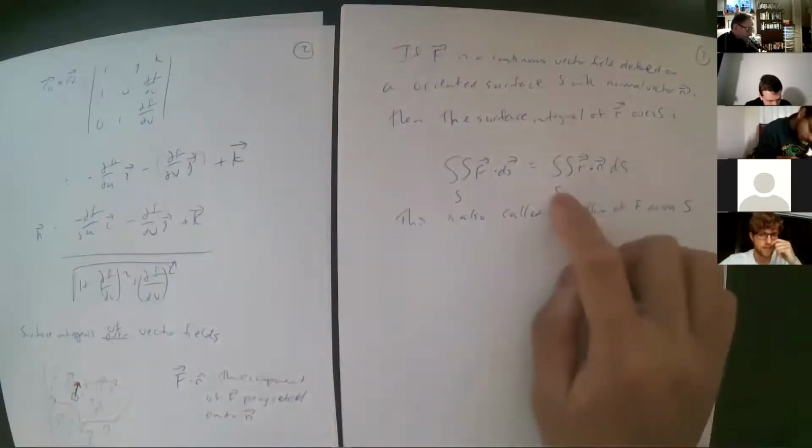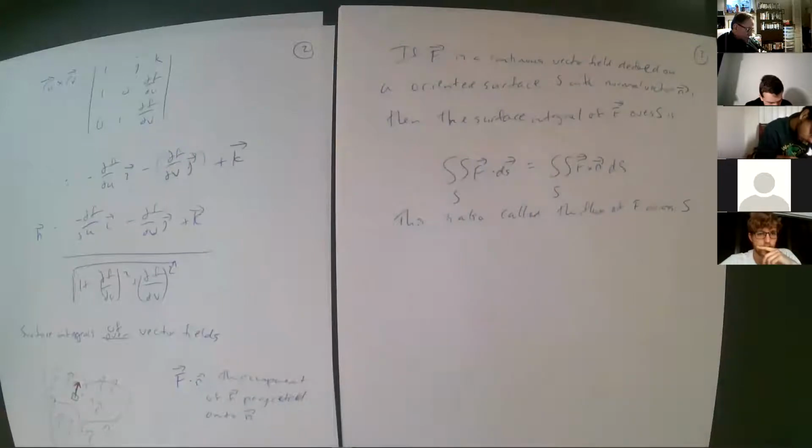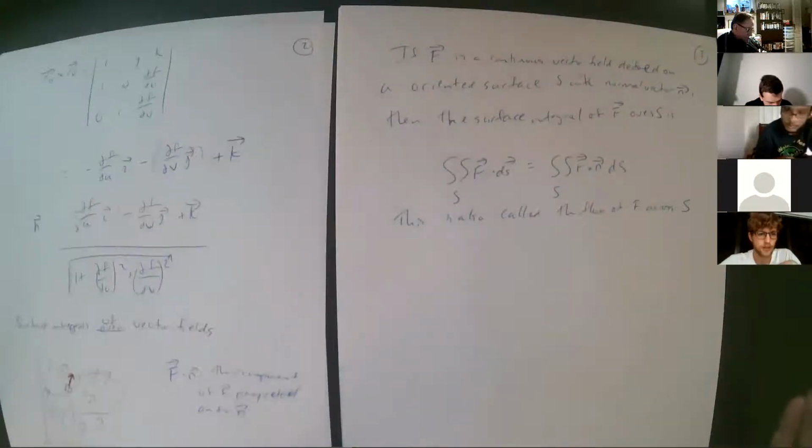When I integrate, that's saying how much of the vector field is passing through all of my surface. I remember someone saying that not all of the points on that surface will have a vector that passes through it parallel.